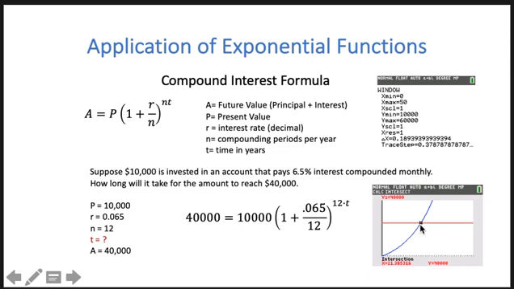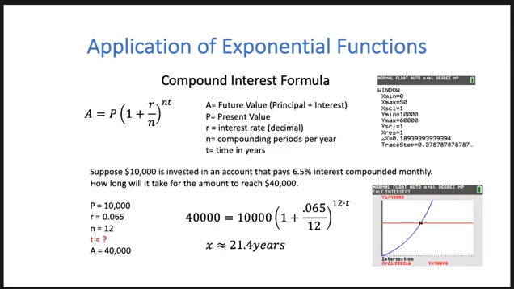Then you're going to use the second calc feature on your calculator and find the point of intersection. The point of intersection ends up being approximately 21.4 years. That's about 21 years and 5 months. So in 21 years and 5 months, you will have 4 times the amount of money that you invested.